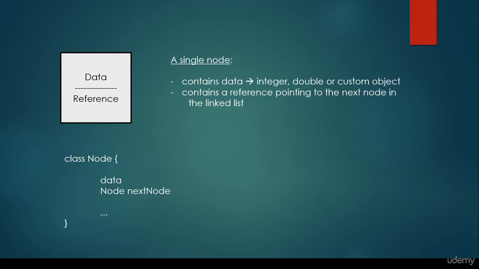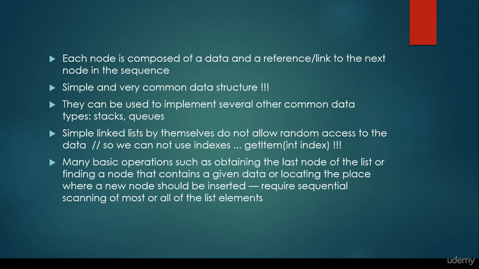So if we would like to implement the node class, whether in Java or Python or C++, we have to create a node class. In the node class we can have everything we want, but two important features we have to include: the data we would like to store and the reference to the next node. It's going to be a node, of course. So each node is composed of data and a reference to the next node in the sequence.